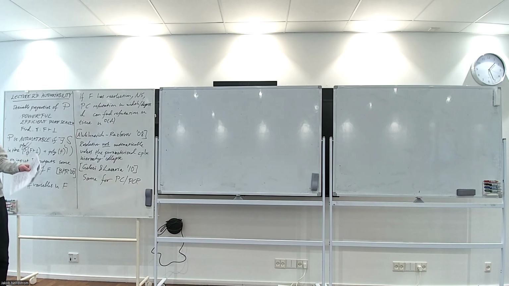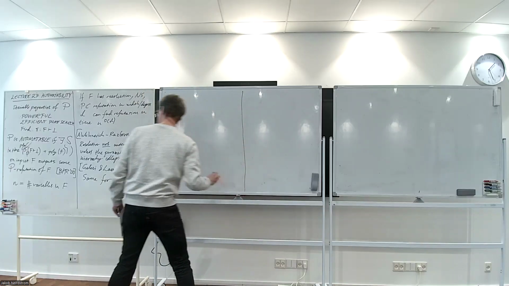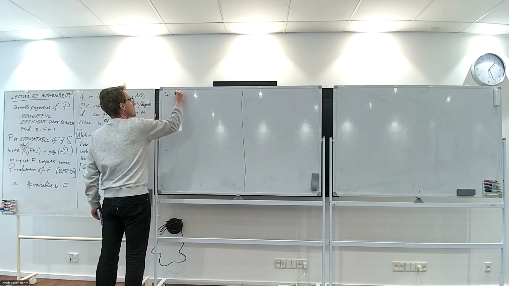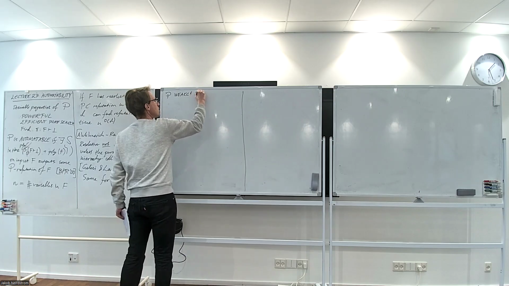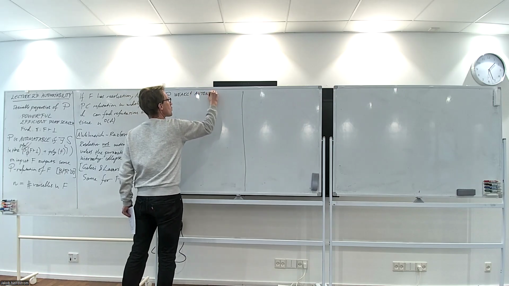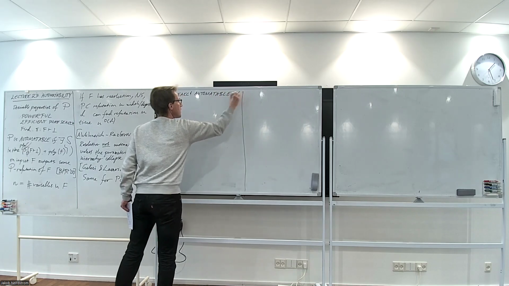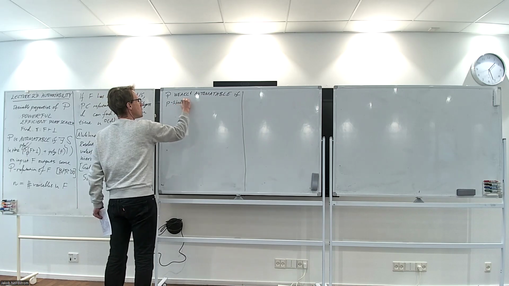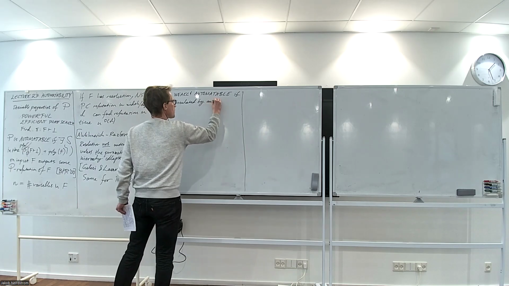So for stronger proof systems, we can have the notion that a proof system is weakly automatable if it's polynomially simulated by an automatable proof system.